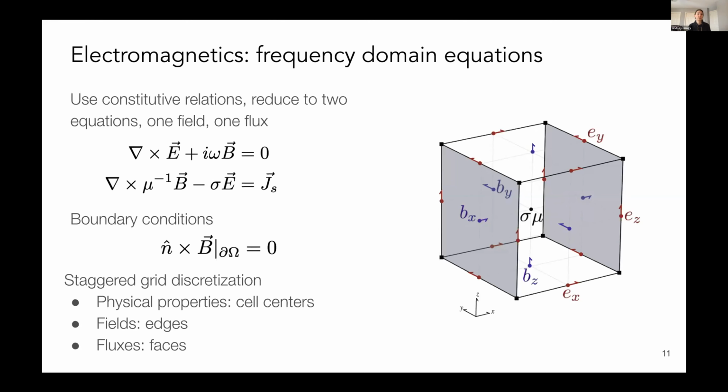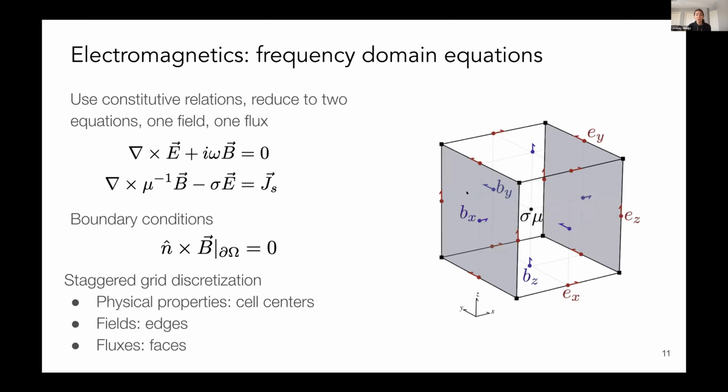What we're going to do is rewrite those equations in terms of one field and one flux, so in terms of the electric field and the magnetic flux density. These are the basic equations that we're going to start from, and we want to work through and discretize those. In order to do that, we also need to know boundary conditions on our domain. So we'll assume that the tangential component of the magnetic field on the boundary is 0.